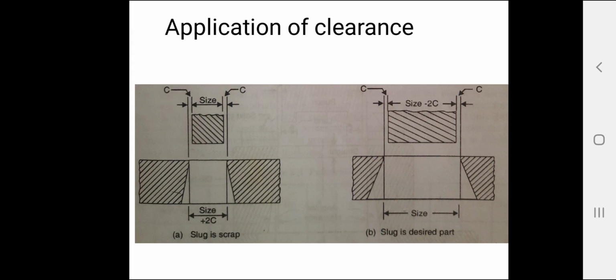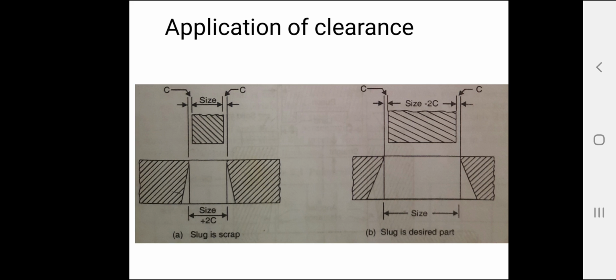Similarly, if the blank is the desired product, the die opening size is made to the correct blank size and the punch is made smaller by an amount equal to the die clearance. In other words, the punch controls the hole size and the die opening controls the blank size.